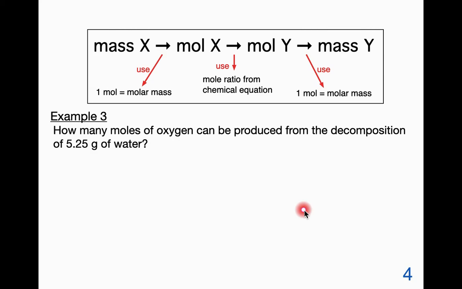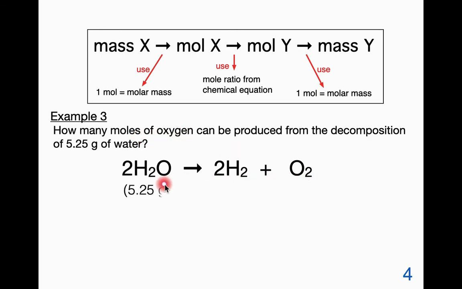How many moles of oxygen can be produced from the decomposition of 5.25 grams of water? So this will be the same equation. This is the decomposition of water. In this case, we're given the mass of water, and we want to know how many moles of oxygen can be produced. So use the chemical equation to summarize the problem that you're given.